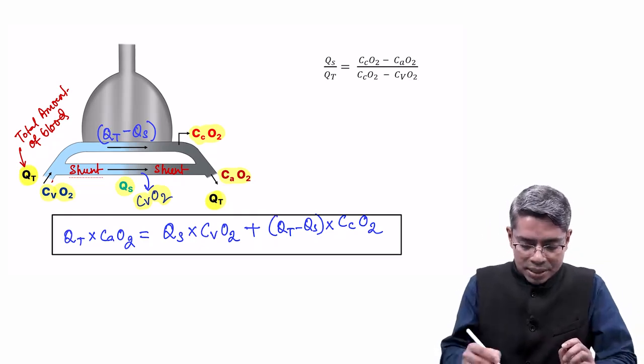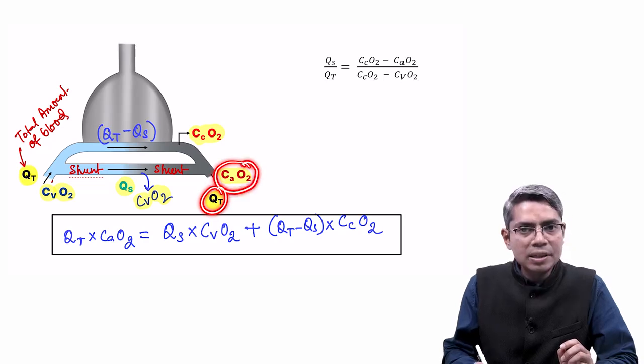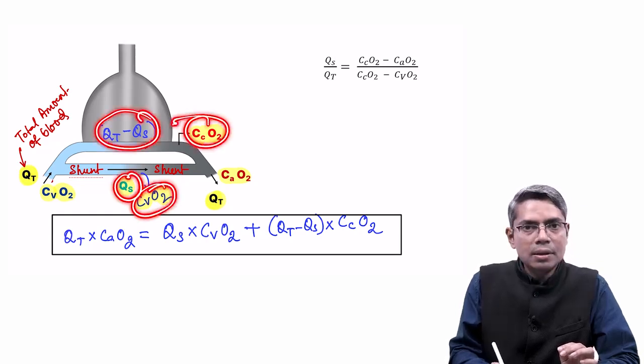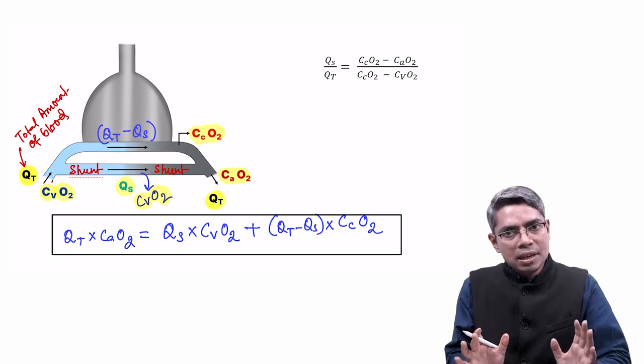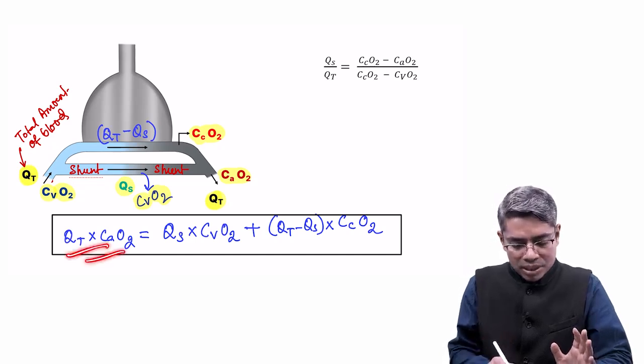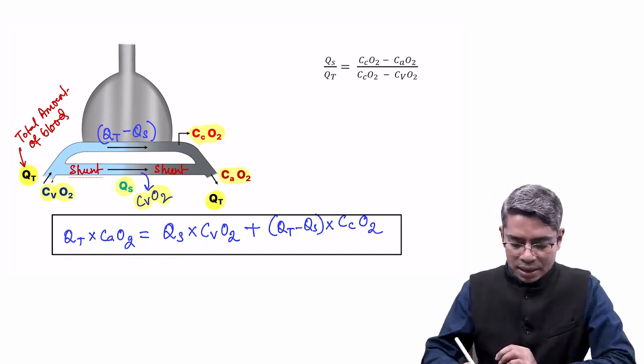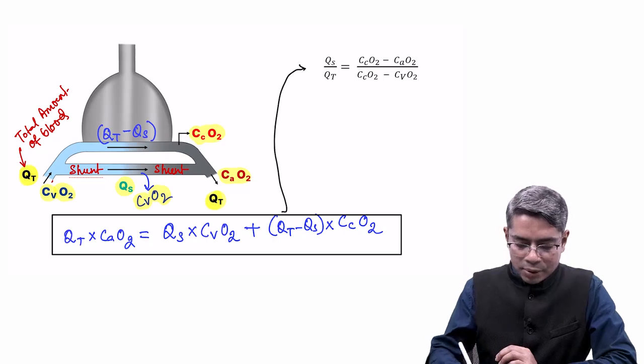So if I am writing this, this is basically your shunt equation. What I have written here, QT multiplied by CaO2 is equal to CvO2 multiplied by QS plus this multiplied by this. So this is known as the shunt equation. Now from this equation, if you rearrange from right side and left side, ultimately you are going to get a formula.